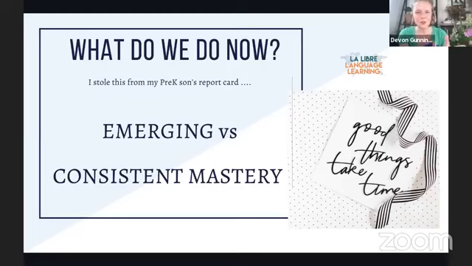But consistent mastery is the idea that you are able to do it consistently. You see it, you identify it, and you're able to tell the difference between when one should be used and one should not be used, which is usually what we do and how we test mastery.